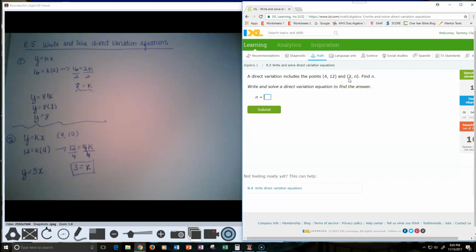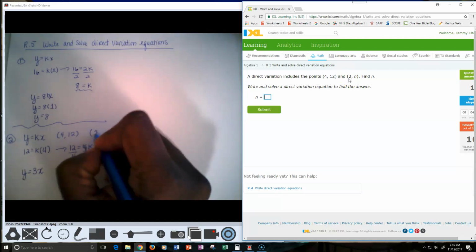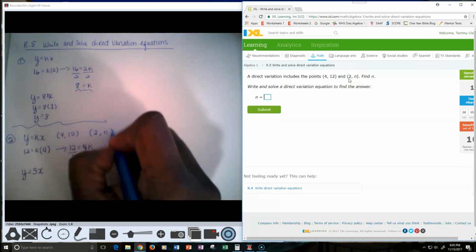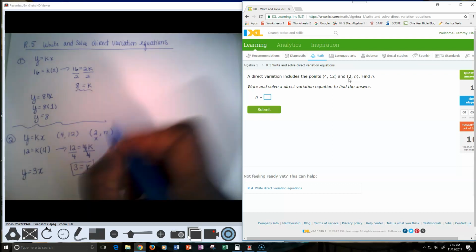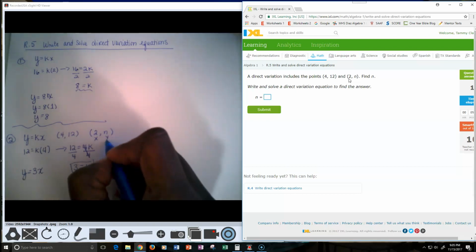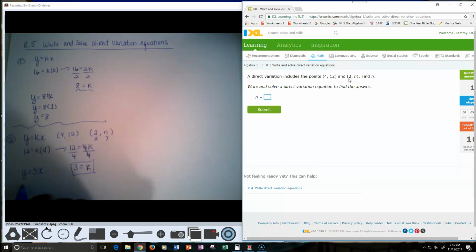Now if you look here at your ordered pair, you have your first coordinate, which is your x coordinate. So I'm going to write that here, (2, n). 2 is the x. What we don't have is the y coordinate. So we're going to substitute inside of our equation one more time. y, what we're looking for, is equal to 3 multiplied by 2.